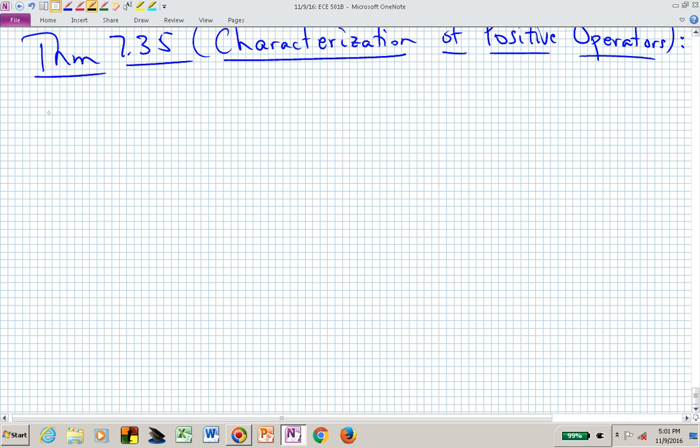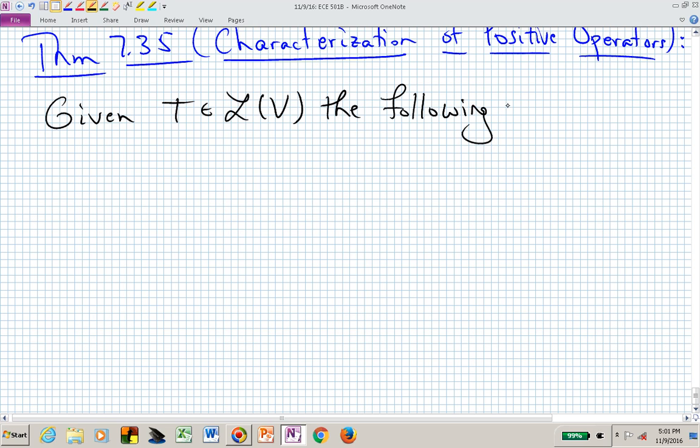Given a linear operator T on a vector space V, the following statements are equivalent.